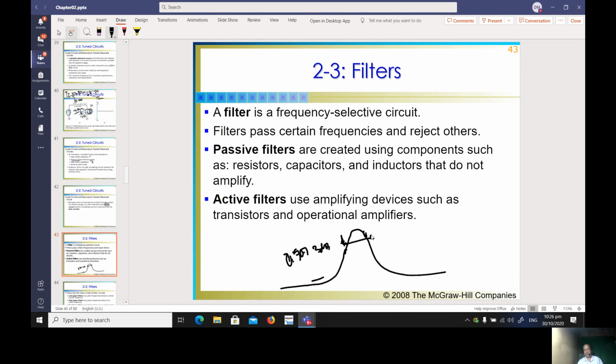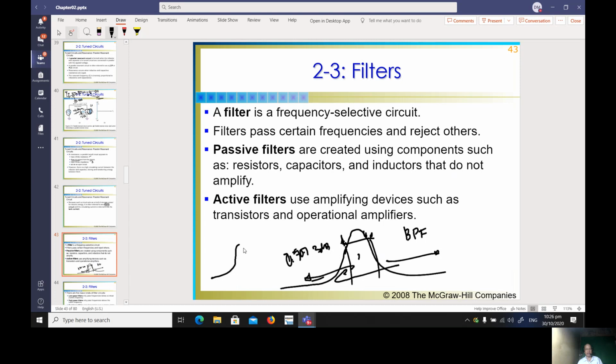Okay, yan, dalawang yan. So ang mangyayari, ito yung lower sideband, ito yung upper sideband. So you can now reject the signal here and the signal there. So this will be your band pass filter.